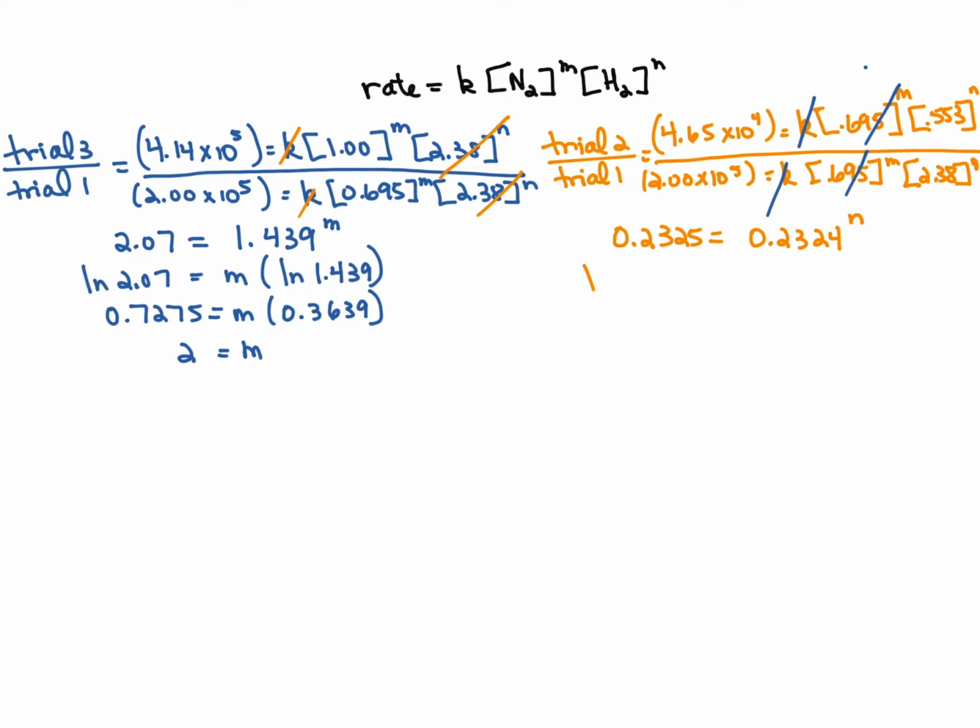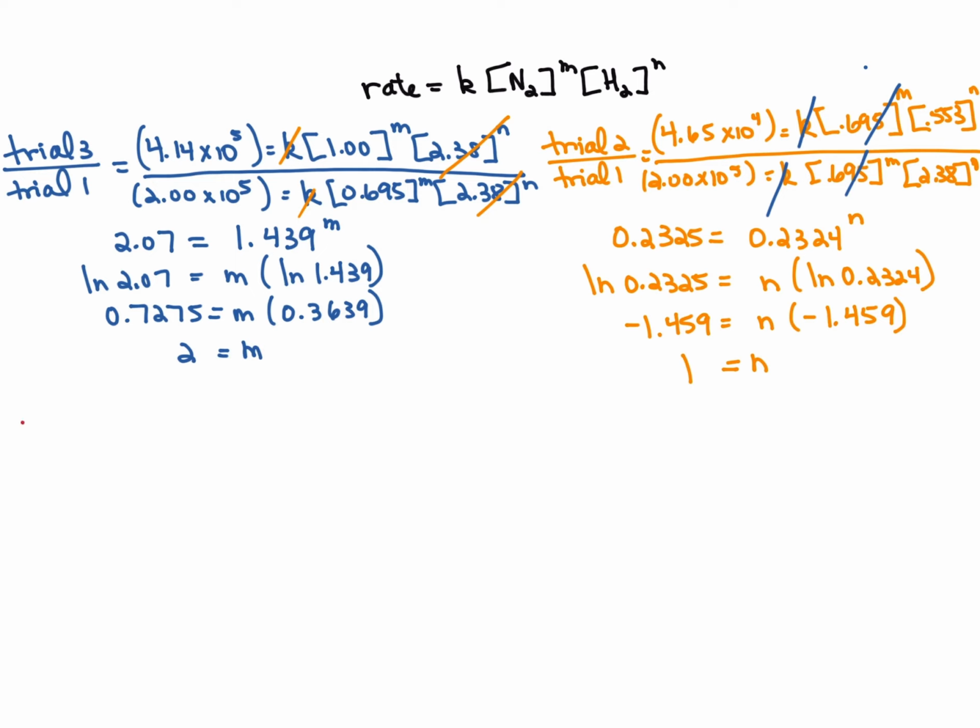So I have to take the natural log of both sides. Natural log of 0.2325 is a negative number. And the natural log of 0.2324 is also a negative number, which is good, because negative divided by negative is a positive number. So n equals 1.